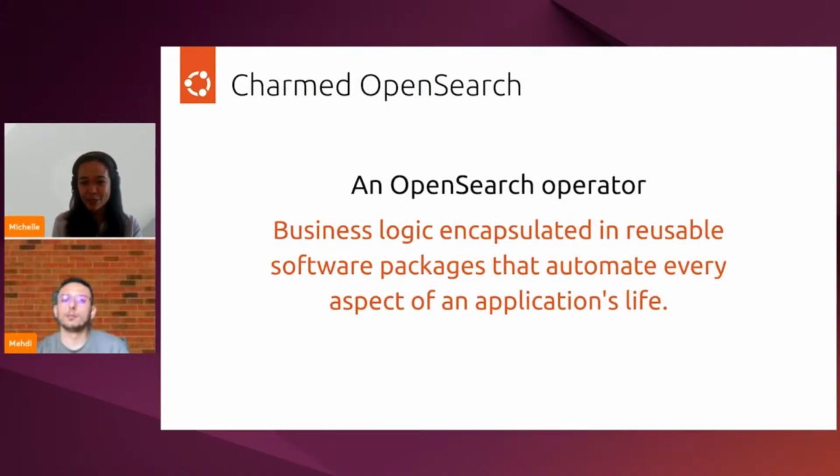An OpenSearch operator is defined as the business logic encapsulated in reusable software packages that automates every aspect of an application's life, in this case, OpenSearch. So in a very short description, Mehdi, how would you compare the OpenSearch upstream to Charmed OpenSearch, which is actually an operator?